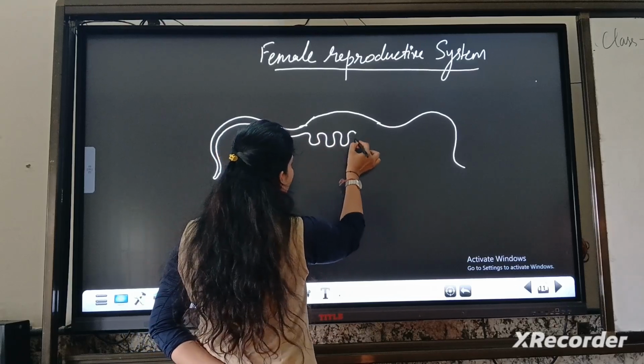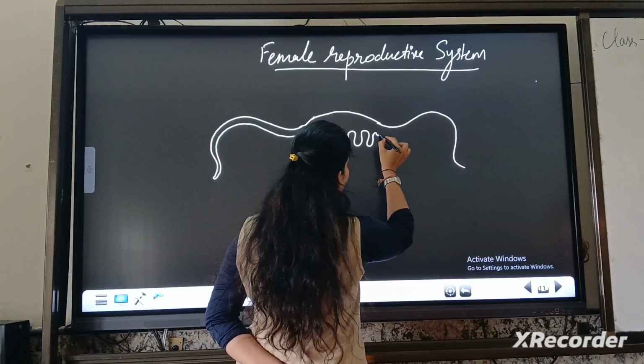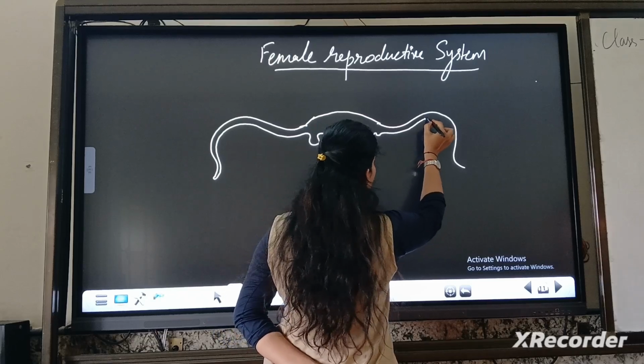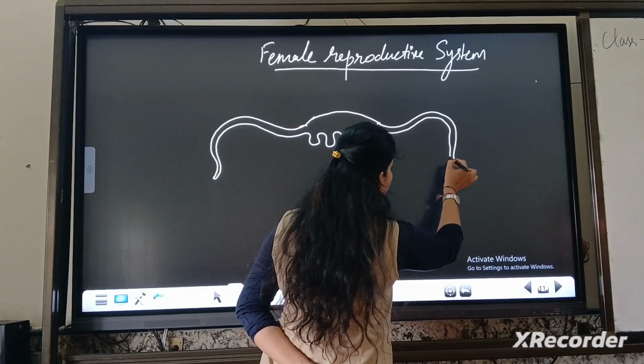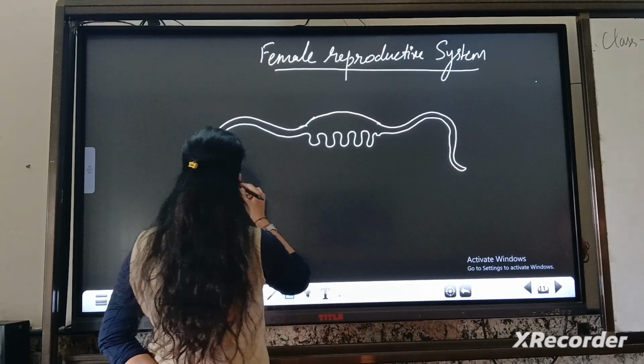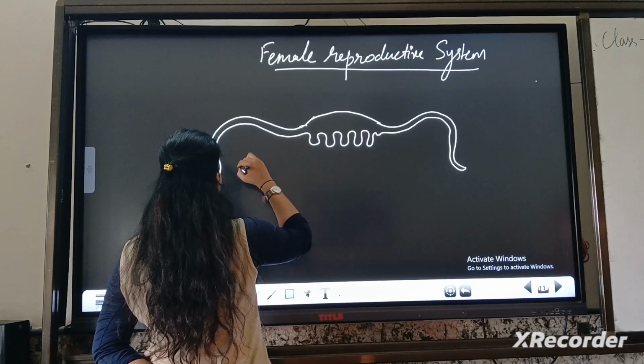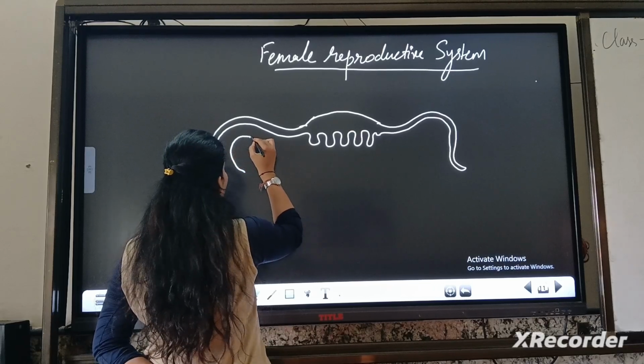This is how I made this female reproductive system. Actually, this female reproductive system is surrounded by different kinds of membranes.